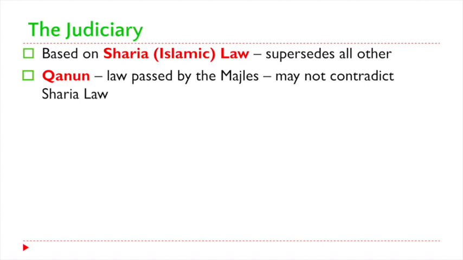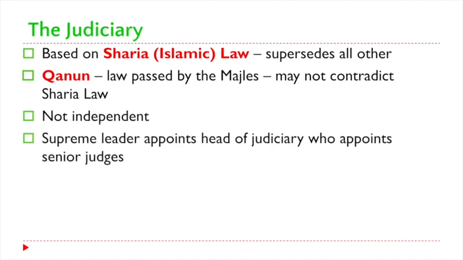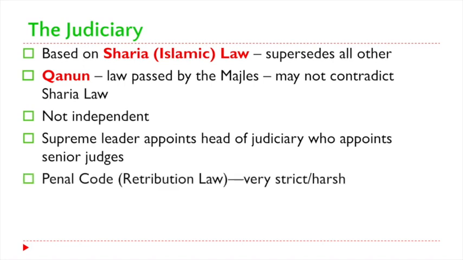So they can rule stuff unconstitutional if it violates Sharia law, if it violates the Quran or Islamic law. The Supreme Leader, of course, gets to appoint who the senior judges are, so he has a lot of influence in the judicial system, making them not independent. They are dependent on the Supreme Leader.